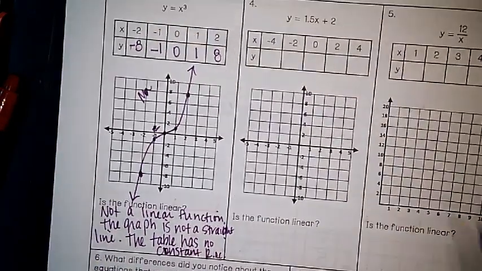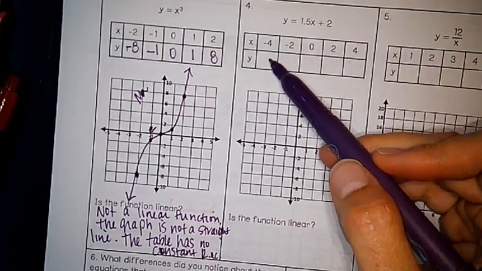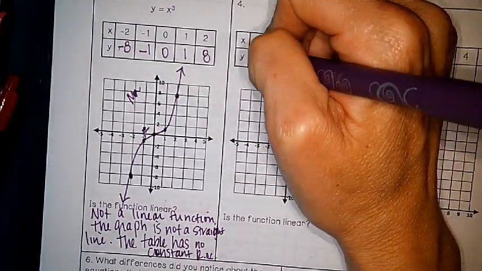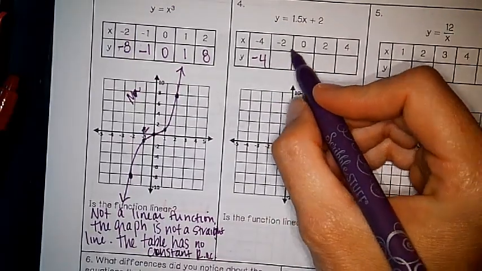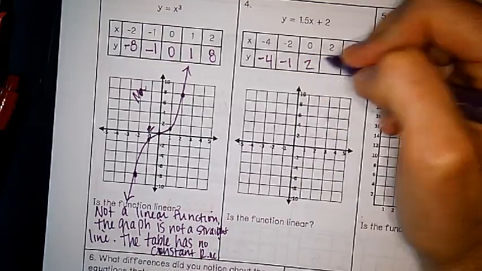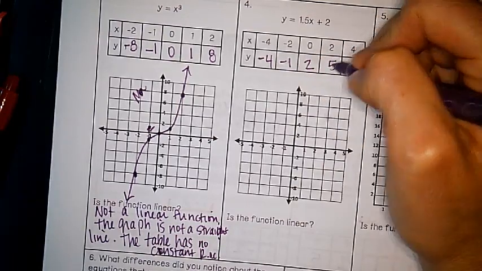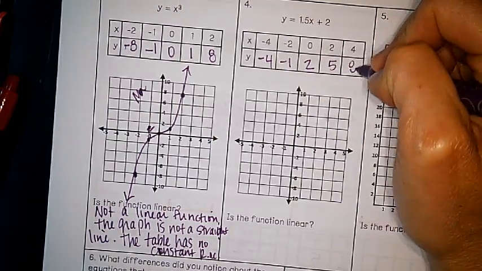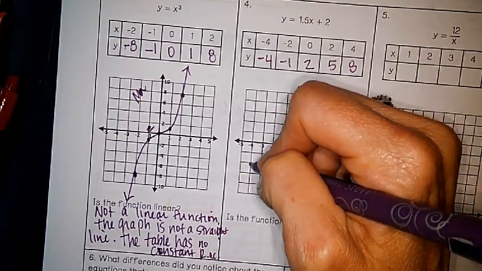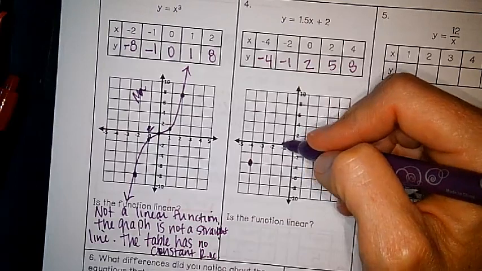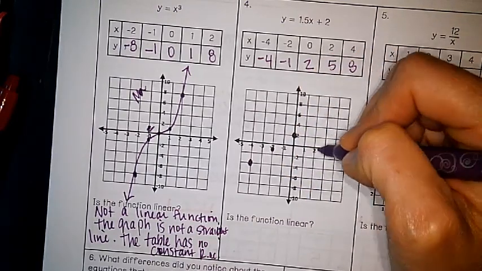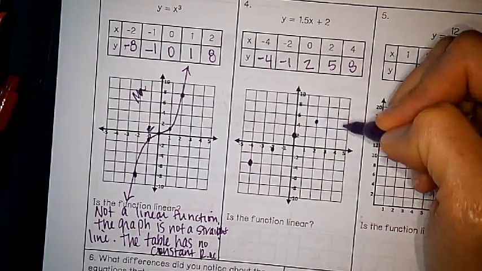Okay, number 4. If you input 4 into the rule, what do you get as your output? -4, -2, 0, 2, 4. So the points are -4, -4, -2, -1, 0, 2, 2, 5, 4, 8.